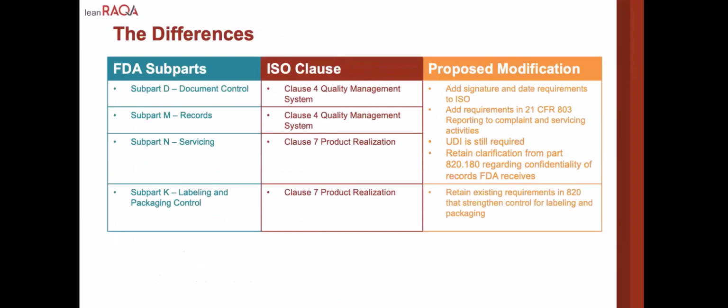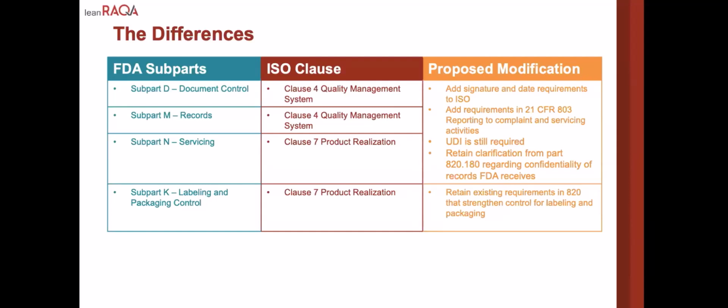So these are the things that the FDA calls out as the specific differences and the ISO clauses that they align to. The FDA is going to either add or maintain some modifications, including adding signature and date requirements to be consistent with 21 CFR Part 11 for electronic records and electronic signatures. They are going to keep 21 CFR Part 803 for complaint reporting, medical device reporting, and servicing activities.